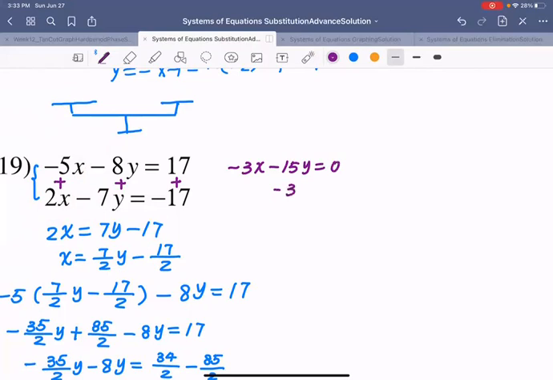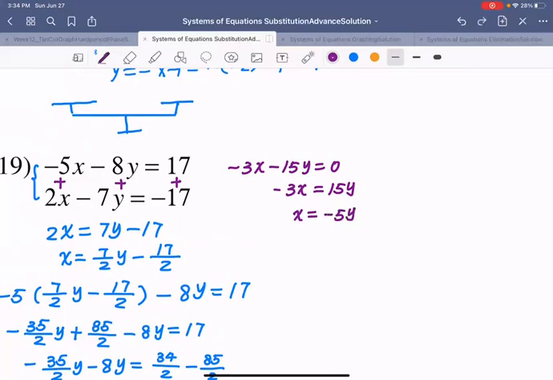So negative 3x equals 15y. So x equals 15y divided by negative 3. So x equals negative 5y. Okay.